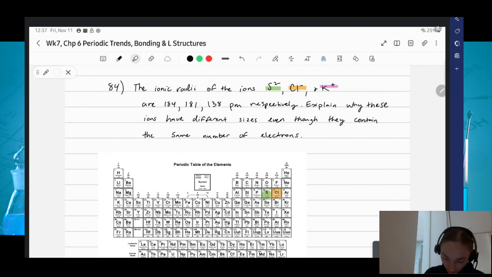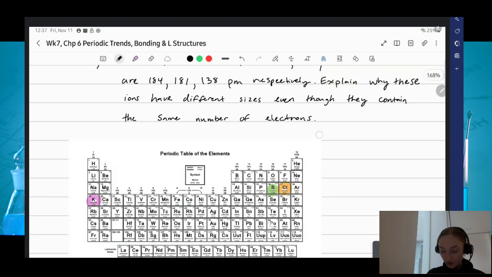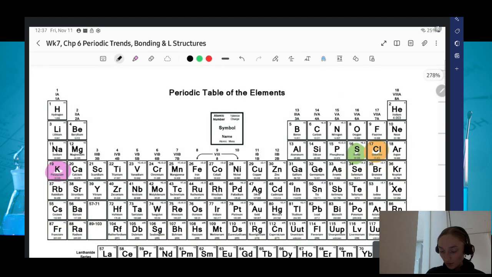Since sulfur is 2 minus, it will gain 2 electrons and go to argon. Chlorine will gain a minus charge and go to argon as well, and potassium will also go to argon.